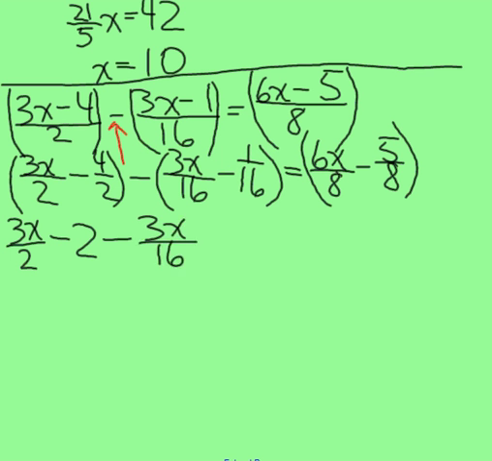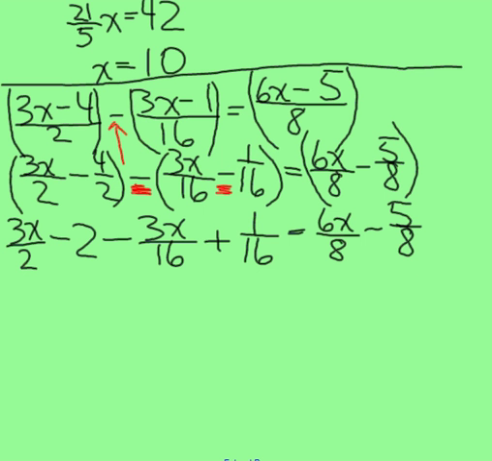Now I'm getting a little bit careful because we've got minus, a minus, so that's going to turn into a plus, plus 1 over 16 equals 6x over 8 minus 5 over 8.